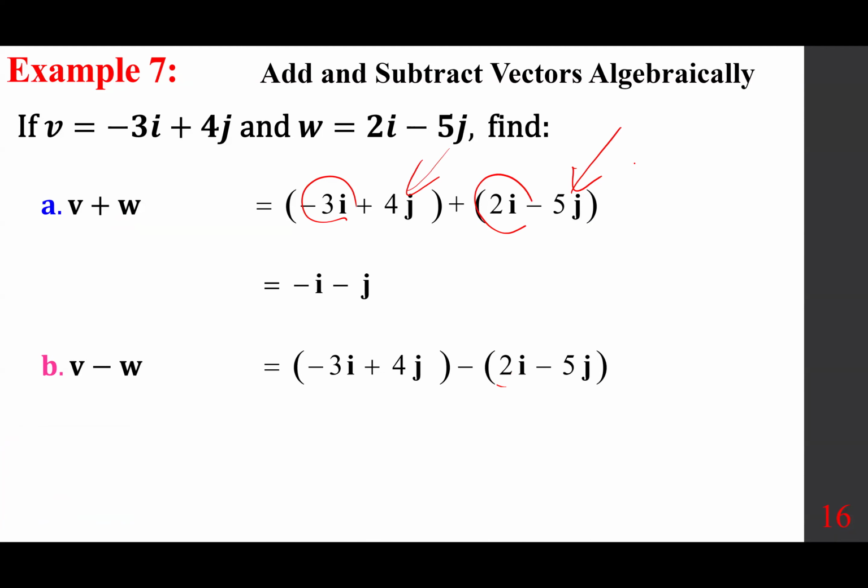What about V minus W? We just write the components and distribute the negative. We get negative 2i here plus 5j here.